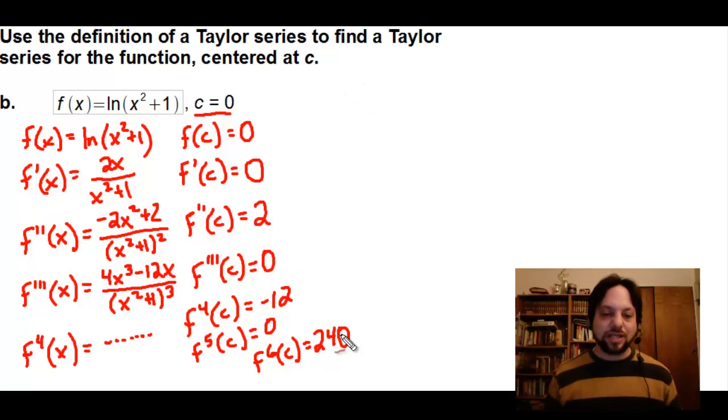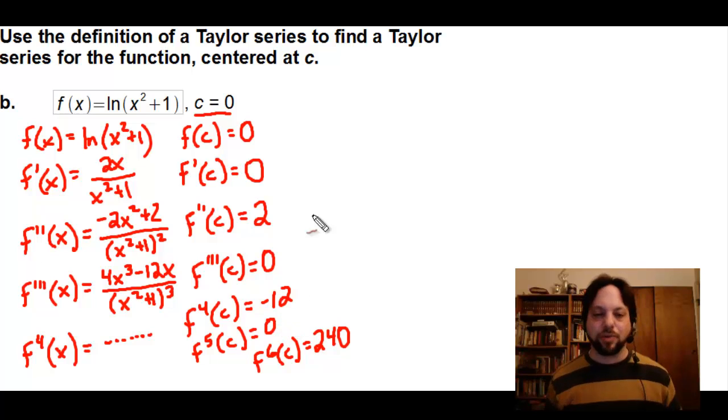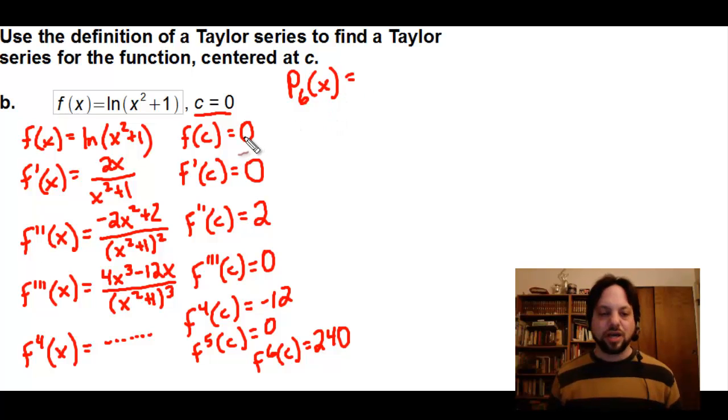So, anyway, these are the values that we come up with. If we want to make our Taylor polynomial, I can make this a 6th degree polynomial. I know so much information about it already. So, what is this going to look like? Well, our 0th term will be 0. Our first term will be 0 again.